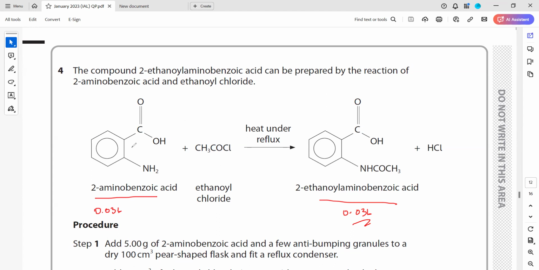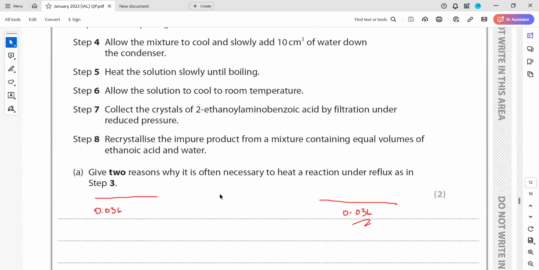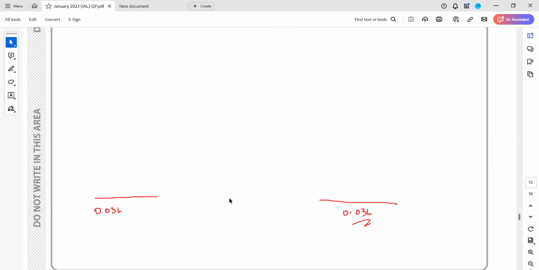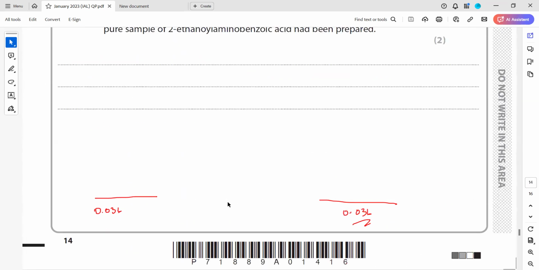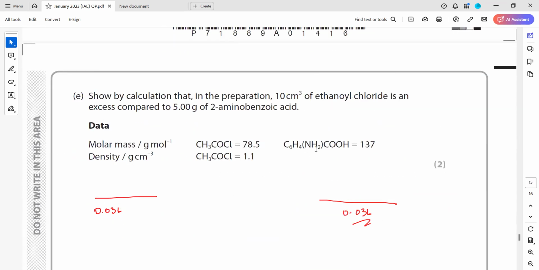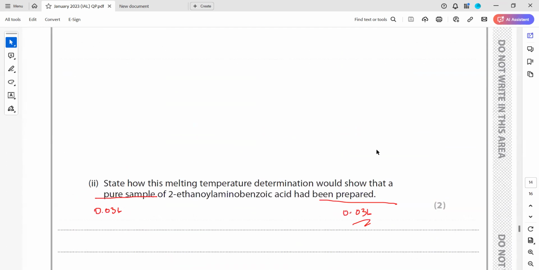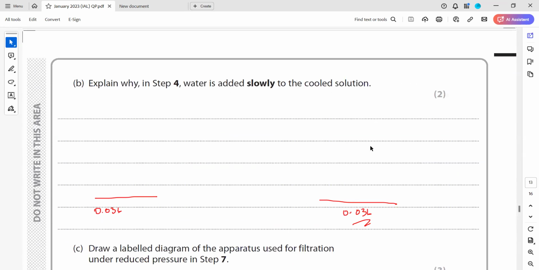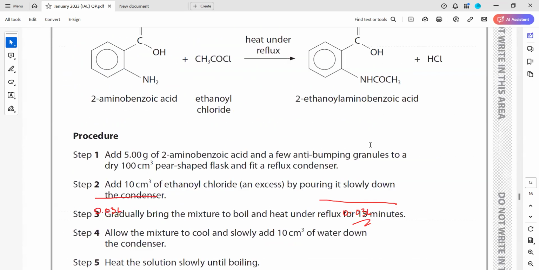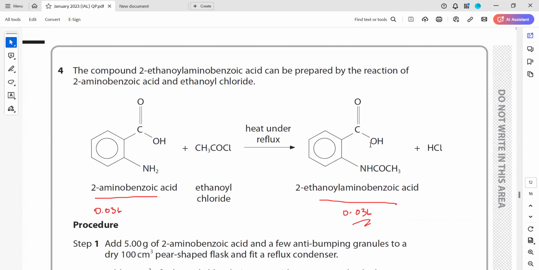Look, we know the molar mass of 2-aminobenzoic acid, which is given in the question, and we know the molar mass of ethanoyl chloride, 78.5, and 137. So this was 137 and this is 78.5.